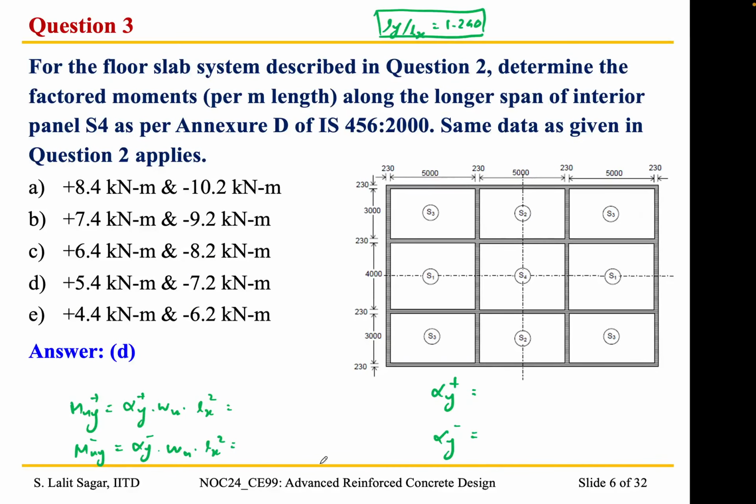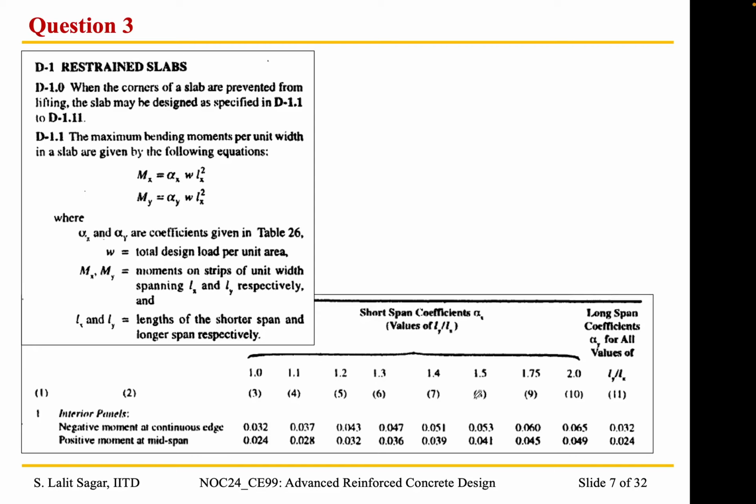So let us look into the table in Annex D once again. For the shorter span, we need to obtain the bending moment coefficients by interpolation, but for the longer span, it is fixed.